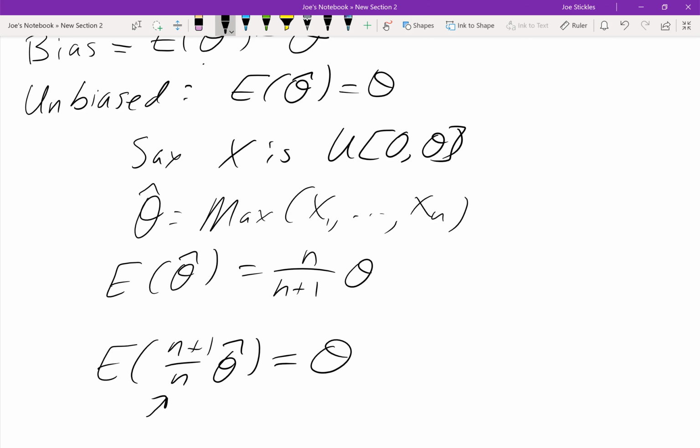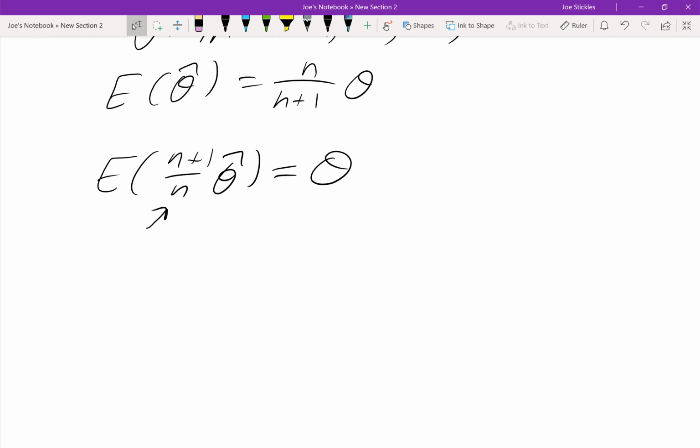We also talked about consistent estimators.